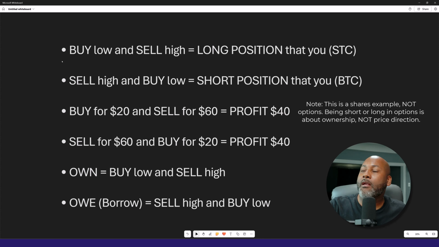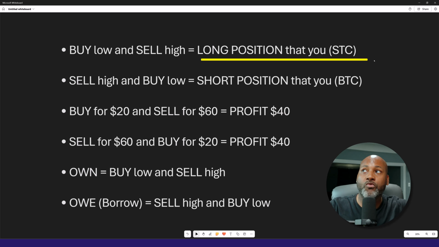So in the buy low and sell high strategy, you're going to take a long position. You're opening up a long position that you are going to sell to close. So you buy to open and then you sell to close when you open a long position.